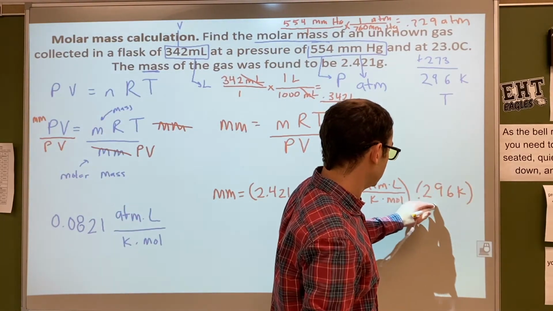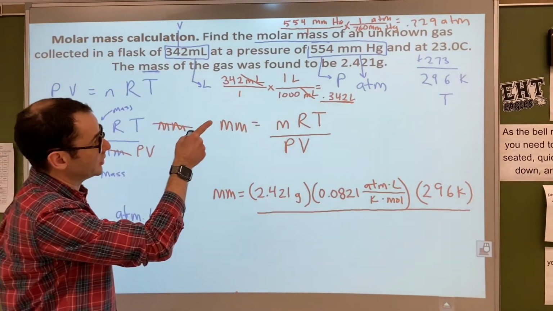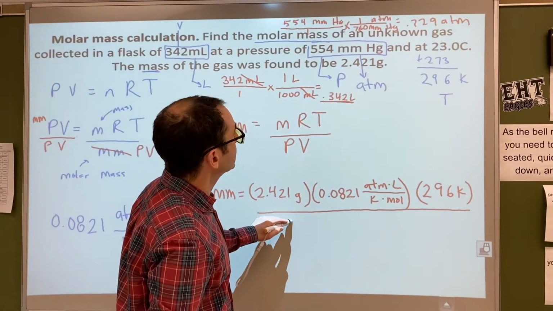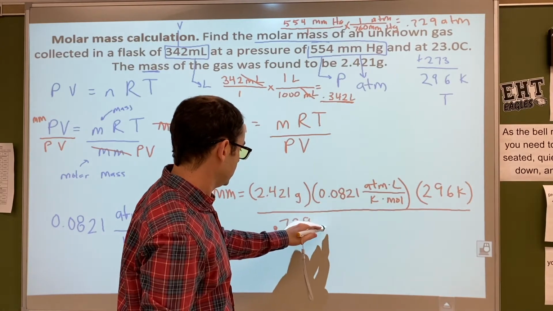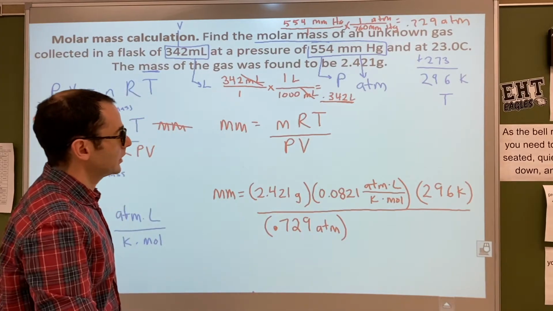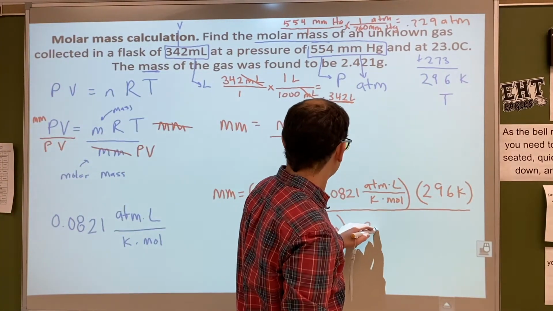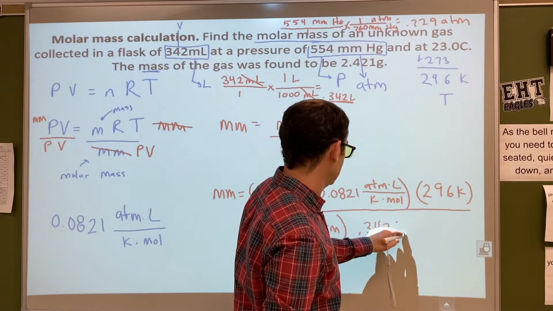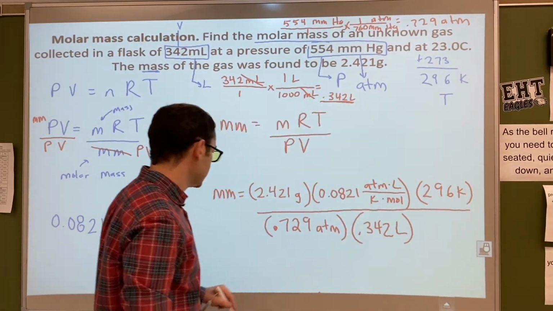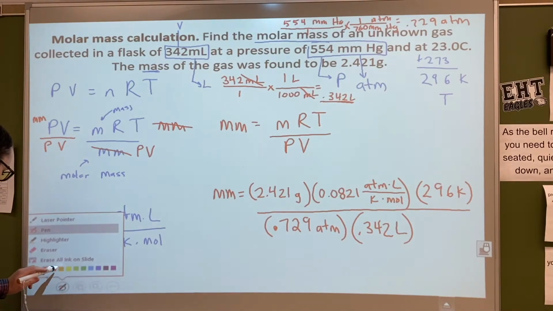Times 296 Kelvin, all of that over the pressure, which we found to be 0.729, and then the volume, which is 0.342 liters. Finally, let's cancel out some units, and then we'll calculate the answer in a moment.